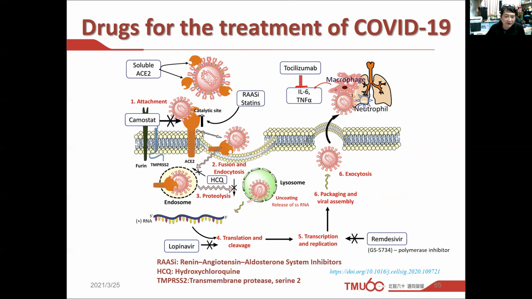Another one: after endocytosis, the pH value in the vesicle is very low, so we can apply hydroxychloroquine, which increases the pH value in the endosome, and those proteases will lose their bioactivity, so they cannot disassemble those proteins, for example M protein, E protein, and the nucleocapsid protein.